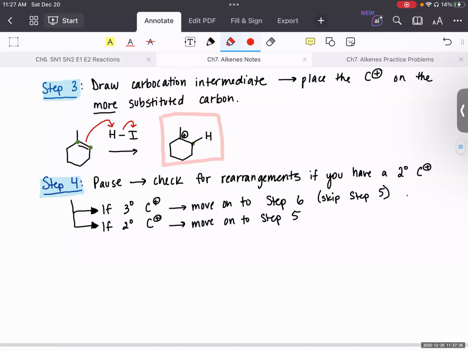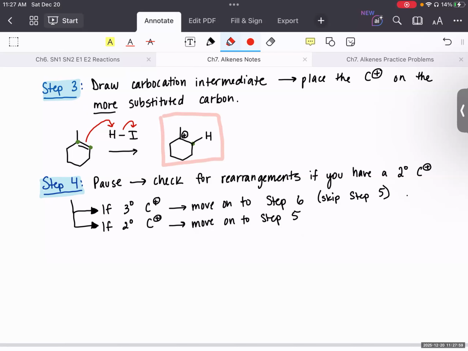If we recall from our rearrangements chapter, rearrangements happen when we can make a more stable carbocation. Generally that only happens if we have a secondary carbocation, because you can make a tertiary carbocation or a resonance stabilized secondary carbocation if you have a methyl or a hydride shift.